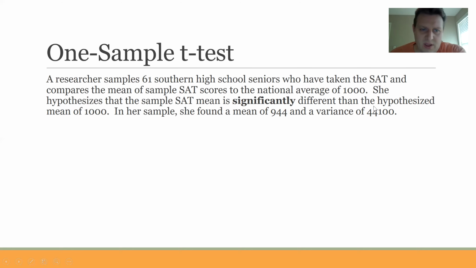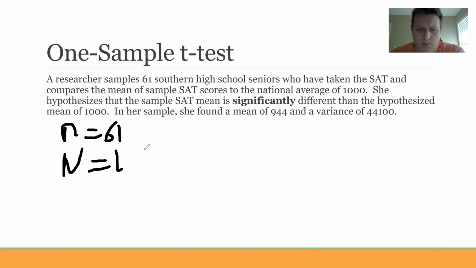Okay. Again, let us see the information that we have here. Our N is 61. The national average is 1,000. Significantly different means that we have a two-tailed test. I'm just going to write 2 here.